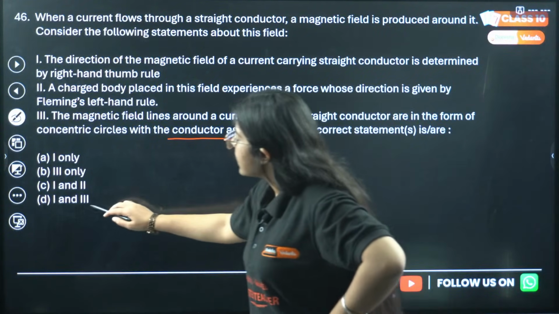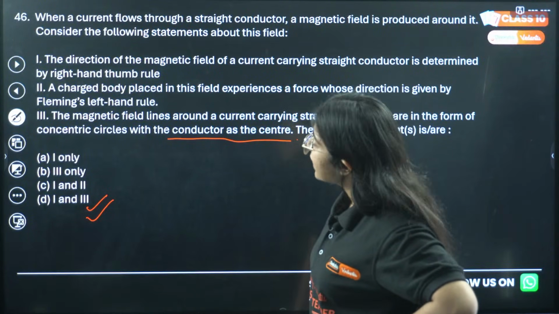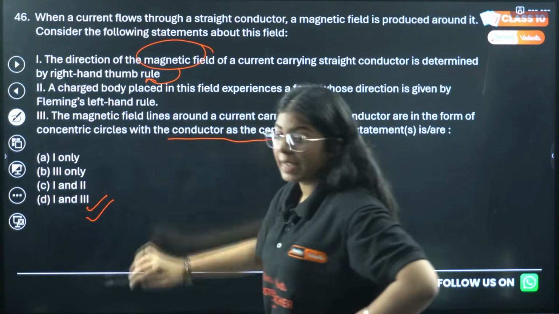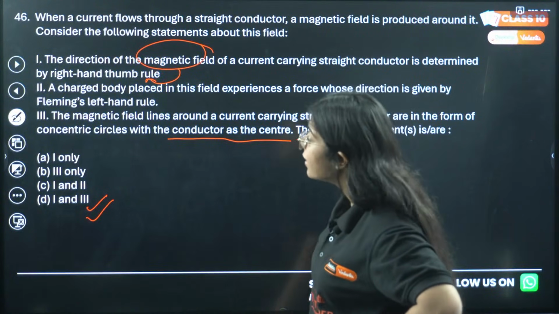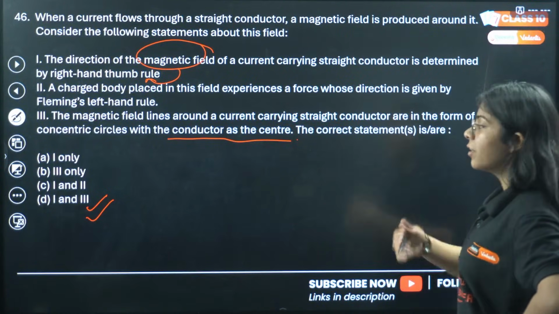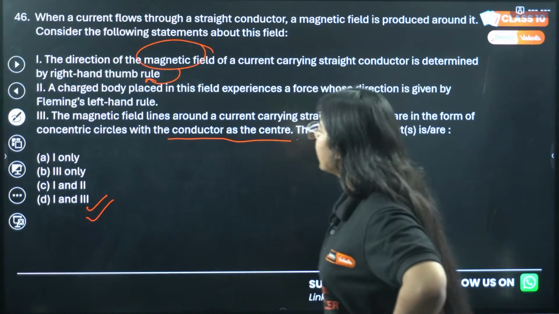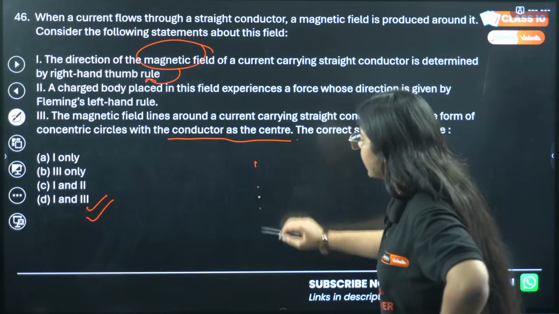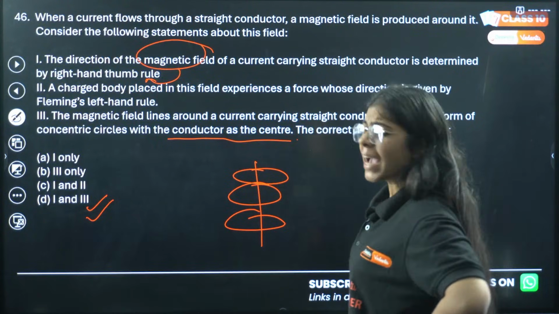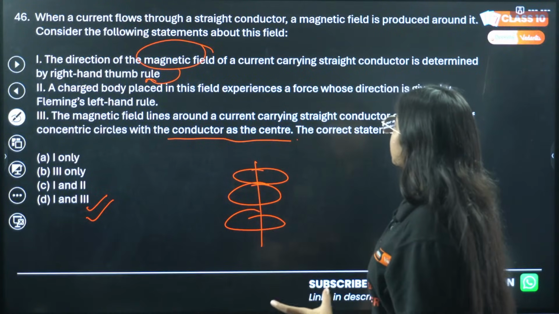Okay. Ascent is saying first and third. So let's see. Yes, the direction of magnetic field lines is definitely given by the right hand thumb rule. Then the magnetic field lines around a current carrying conductor are in the form of concentric circles. Yes, that is also true. Now, straight conductor, the magnetic field lines are like this, we know. Why is the second not correct? The charged body placed in this field experiences a force.